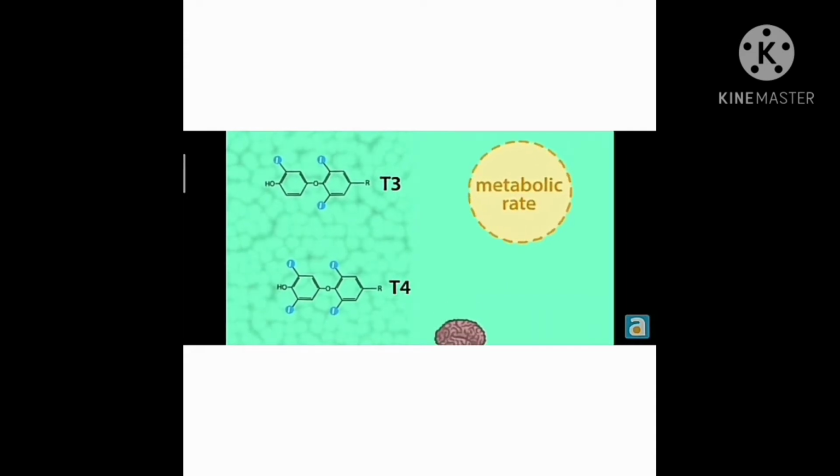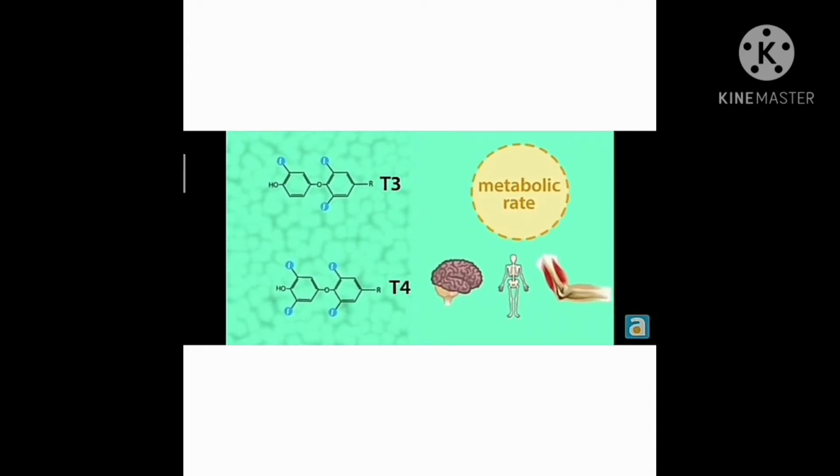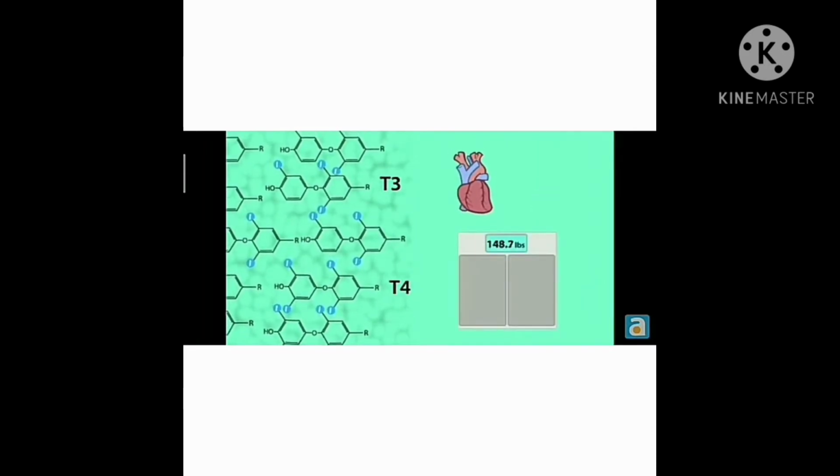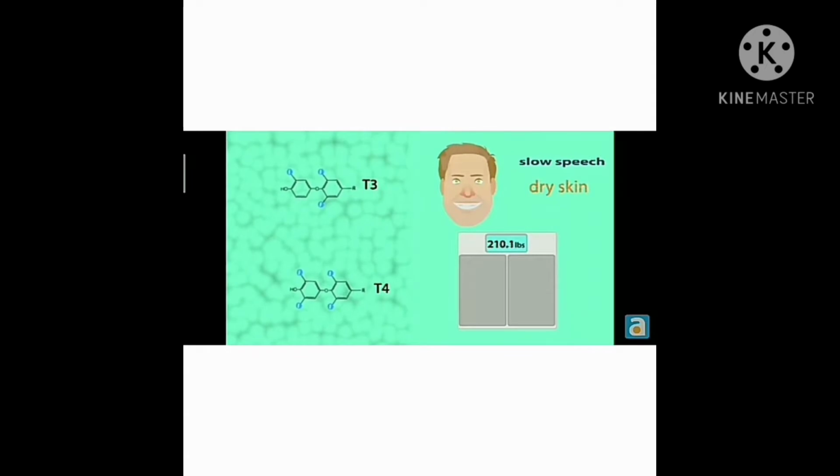Thyroid hormones regulate a variety of physiological and developmental processes like metabolic rate, neurological, bone and muscle development. Too much increases heart rate and too little leads to face swelling, slow speech and dry skin, among other things.